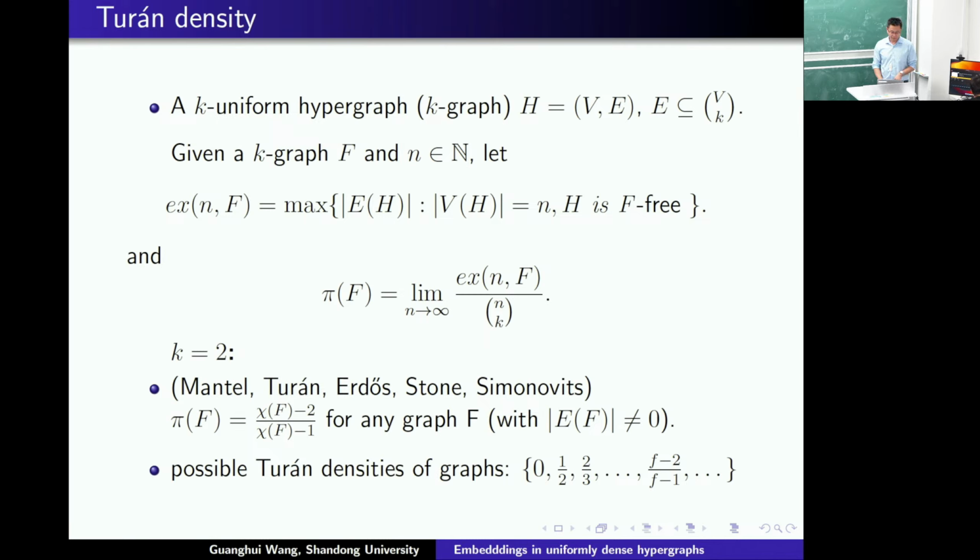Given a k-graph F, the Turan density is the maximum edge density that a graph or hypergraph can have without containing F. As for graphs, the Erdos-Stone theorem means that the Turan density for any graph F is the chromatic number minus 2 divided by the chromatic number minus 1. So we have many possible Turan densities, such as 0, 1/2, 2/3, and so on.